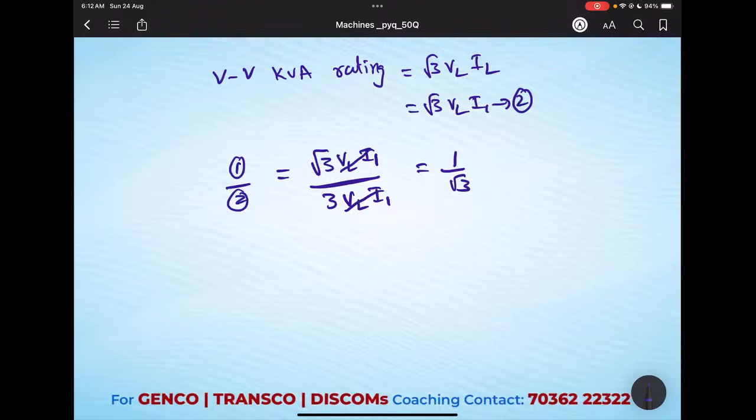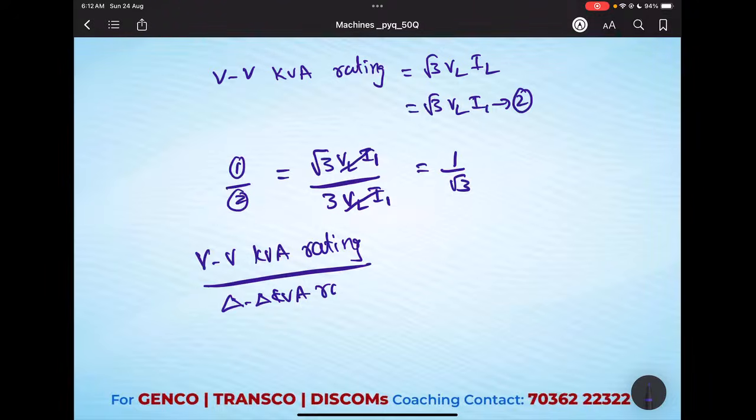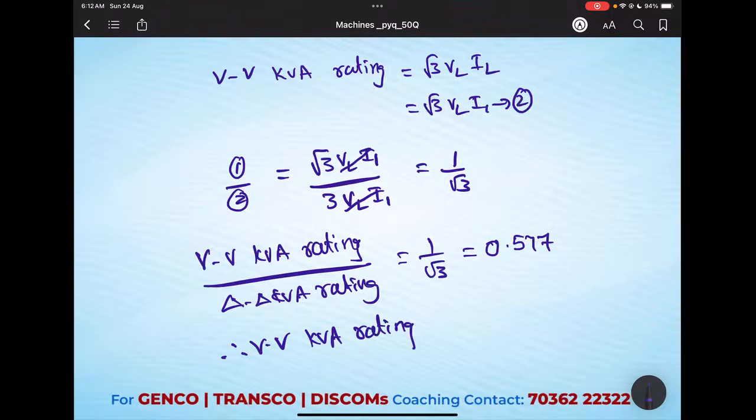That is, VV KVA rating divided by delta KVA rating equals 1 by √3, which is about 0.577. So the VV KVA rating, or the power transforming capacity of the VV type connection, is going to be 0.577 of the delta-delta KVA rating.